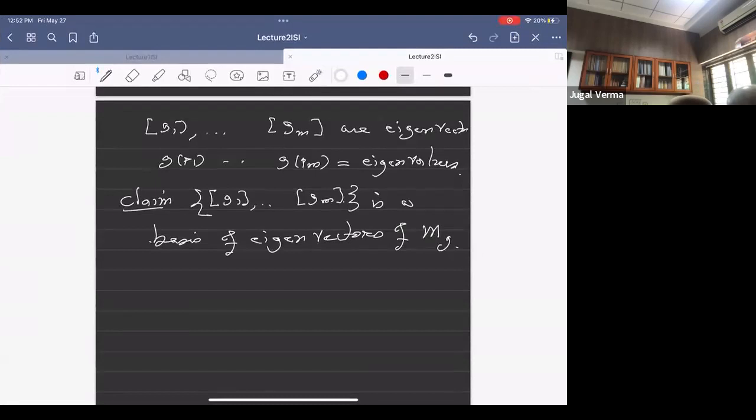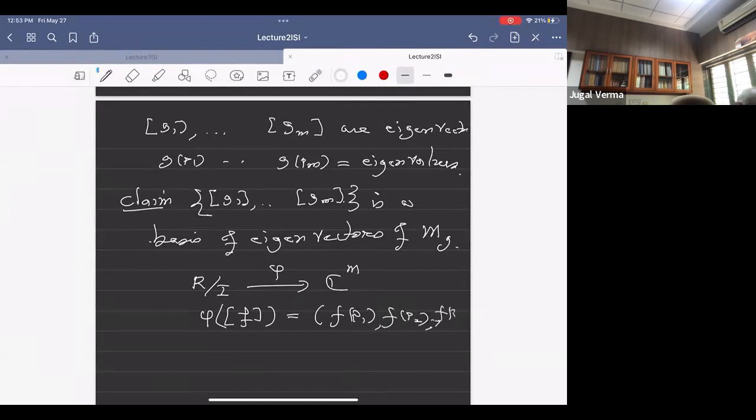Okay, so let us show that these vectors are linearly independent. Once again, we know R mod I is isomorphic to C^N. I gave you an isomorphism. That isomorphism maps residue classes of polynomials in R mod I to the vector (f(P1), f(P2), ..., f(PN)).